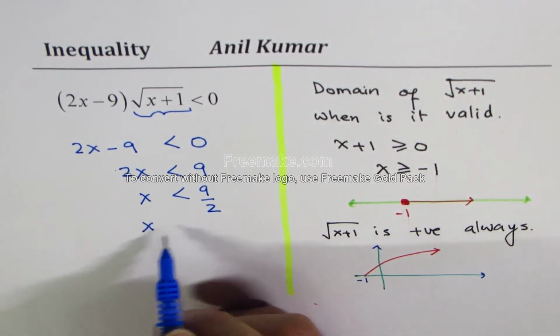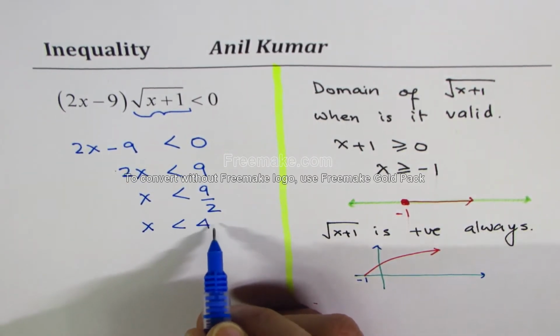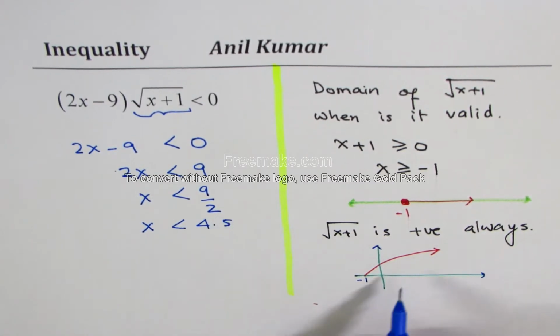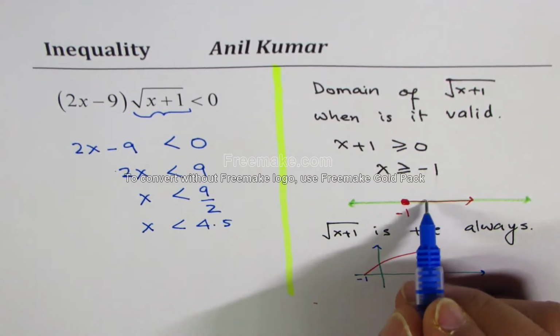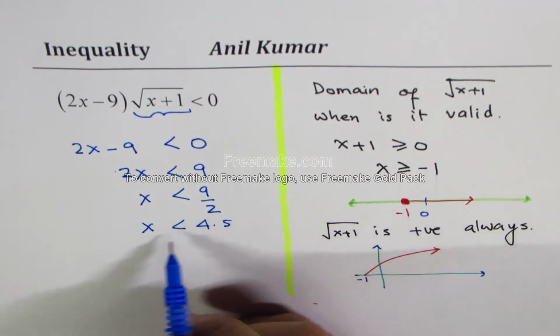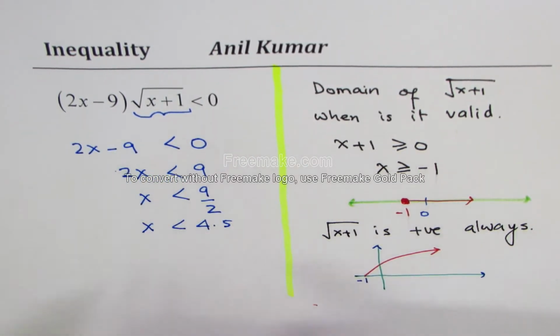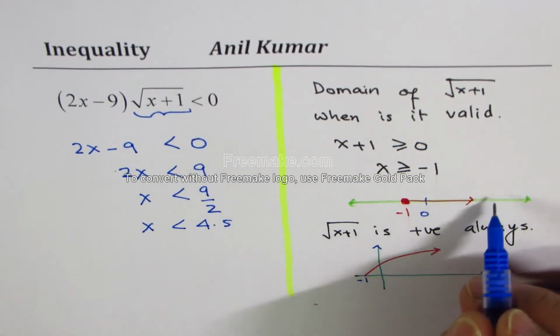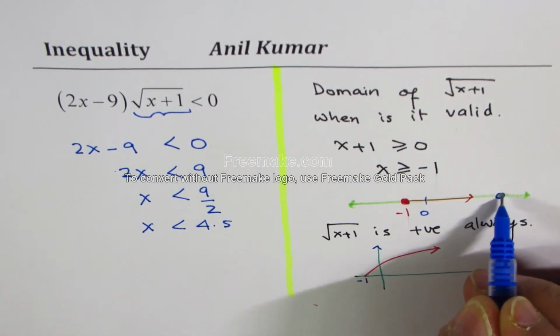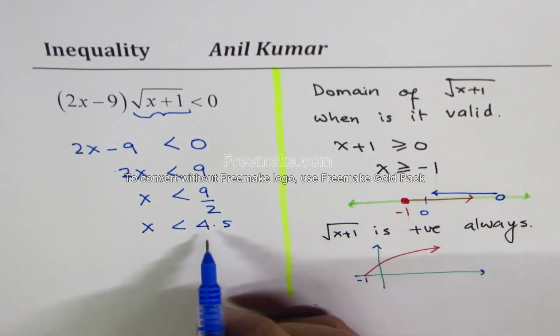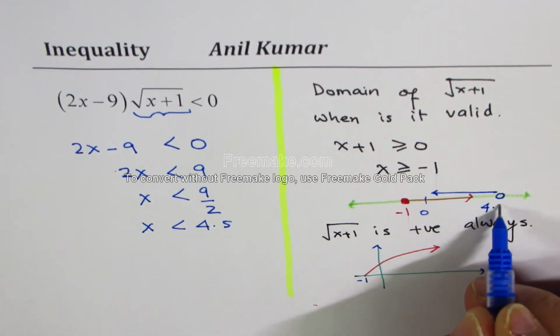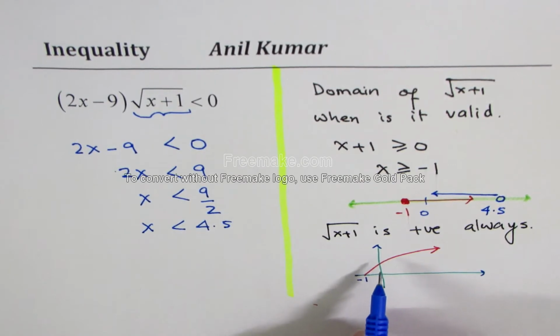That is to say, x is less than 4.5, correct? So on this number line, let's say 0 is here, then from 2x minus 9 less than 0, we get a solution that x is less than 4.5.